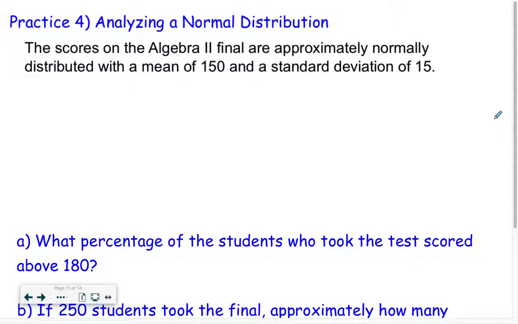Last group of problems. Scores on the Algebra 2 final are approximately normally distributed with a mean of 150, standard deviation of 15. Set up your line diagram on your paper, and I'll set mine up here.